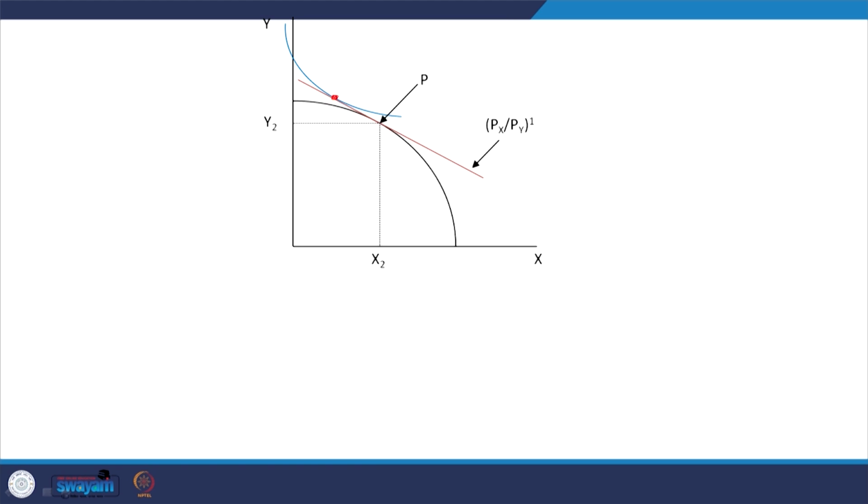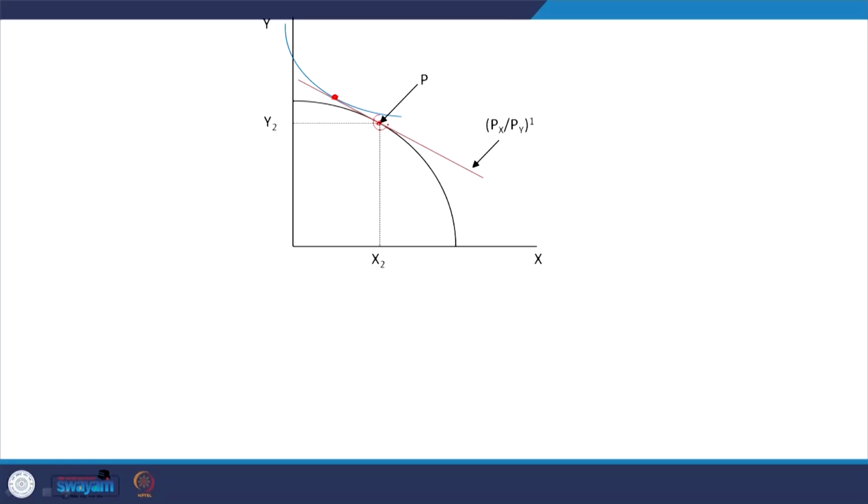This is our point of equilibrium so far as the willingness to consume is concerned. So the production point is somewhere here, where the consumption point is situated somewhere else.